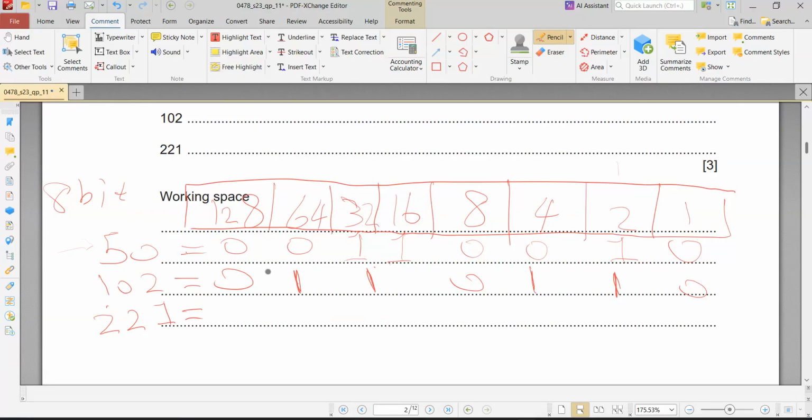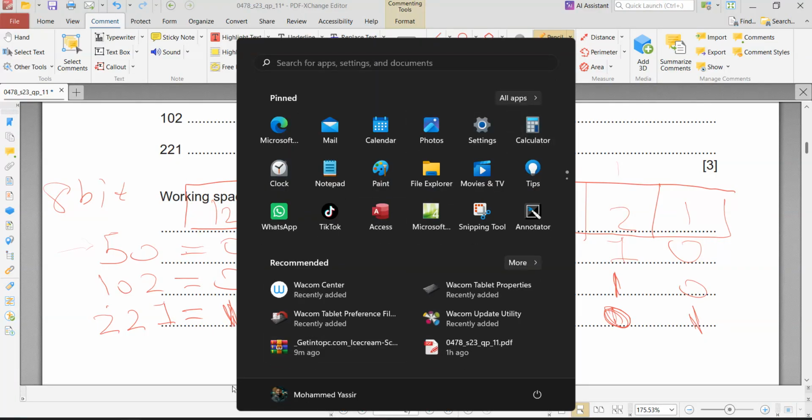For the 201, I'm going to use the 128, and I'm going to use the 64, and we don't need to use the 32. So I'm going to use the 8, and I don't need to use the 4 or 2, and I'm going to add the 1. Let me show you how I get this answer from the calculator.